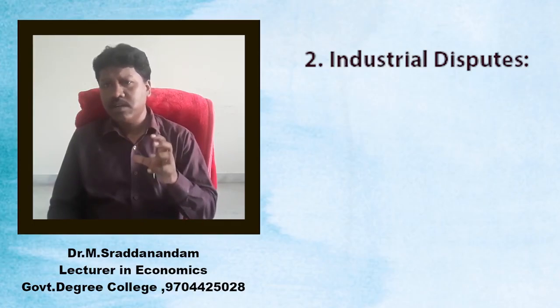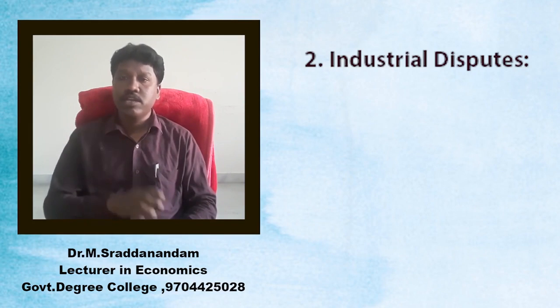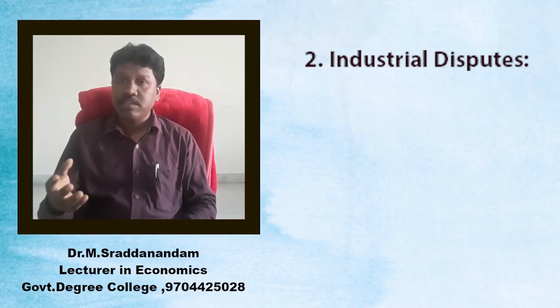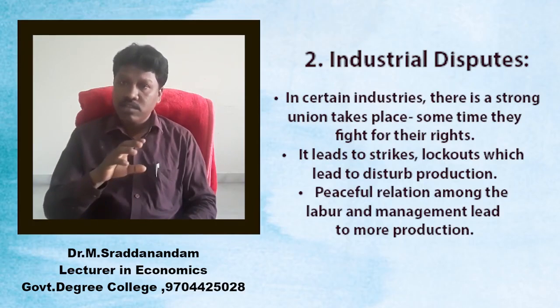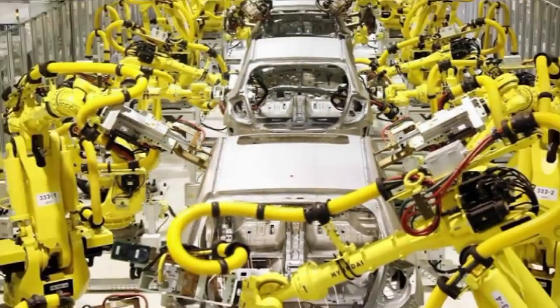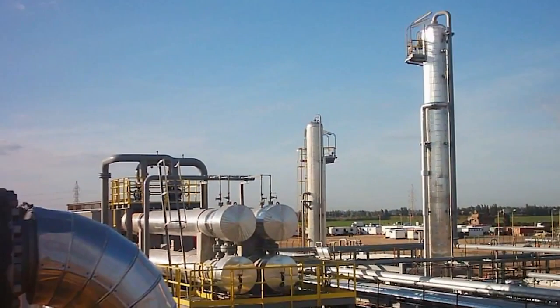Next is industrial disputes. In certain industries, strong labor unions may take place. Sometimes they fight for their rights, so it leads to strikes and lockouts. If these strikes and lockouts continuously appear in the industrial area, it leads to low production in those industries, and scarcity of goods takes place.